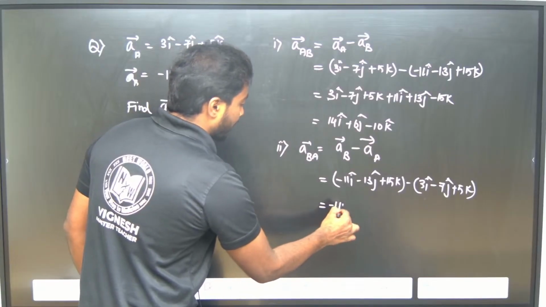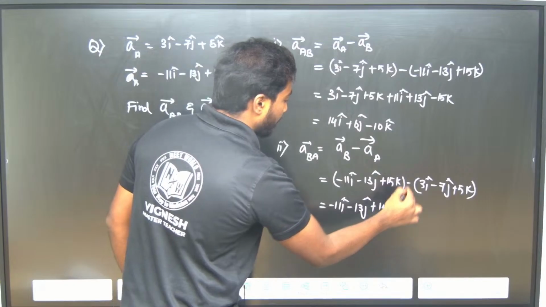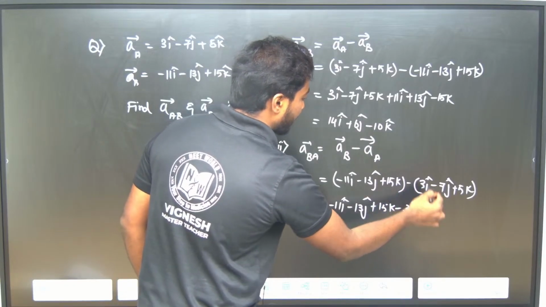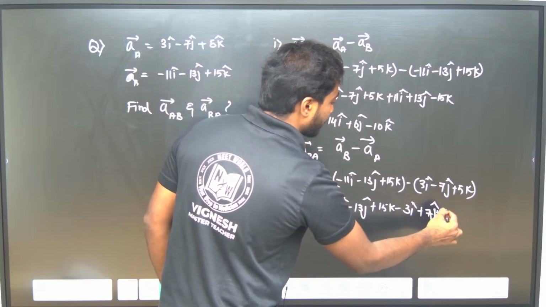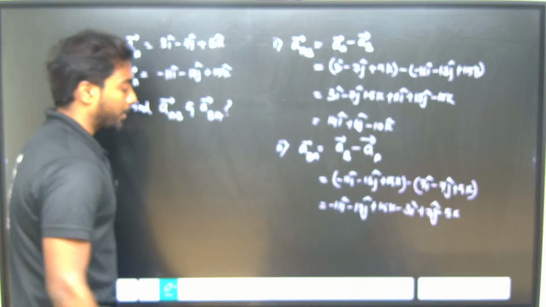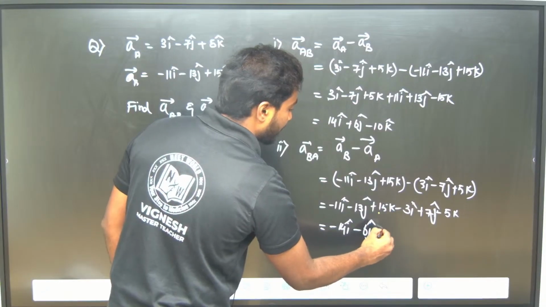So minus 11i minus 13j plus 15k minus 3i will come, minus of minus plus 7j will come, minus of plus will be minus 5k. Now I can solve it. Last step, minus and this minus 14, no? So minus 14i, minus and this plus, so minus 6j, and this plus and this minus, so plus 10k.